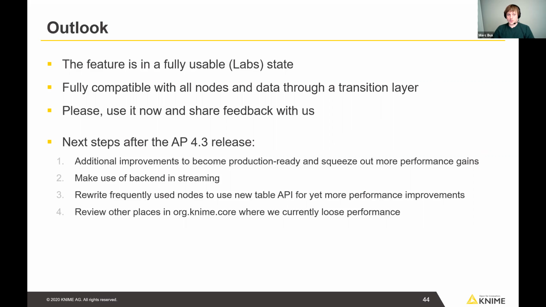Then we also want to rewrite frequently used nodes to use the new API and get even faster. And only then will we look into other places where we can save more time and improve performance further. These are the next steps. But again, this can be used with any node that uses the old API. The new API is really something optional for getting even faster with this.